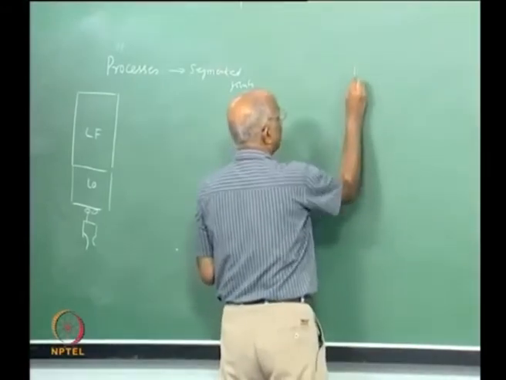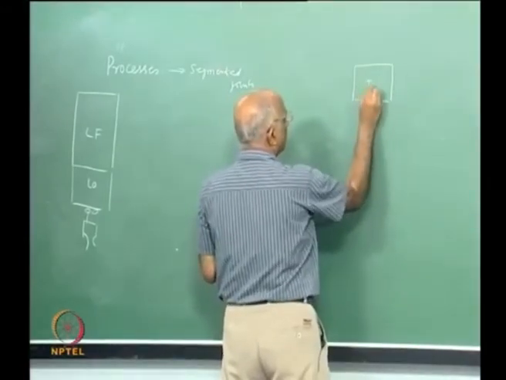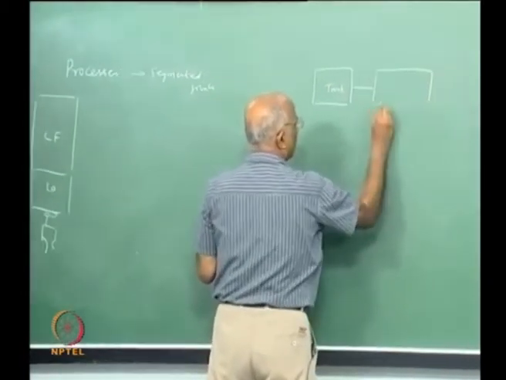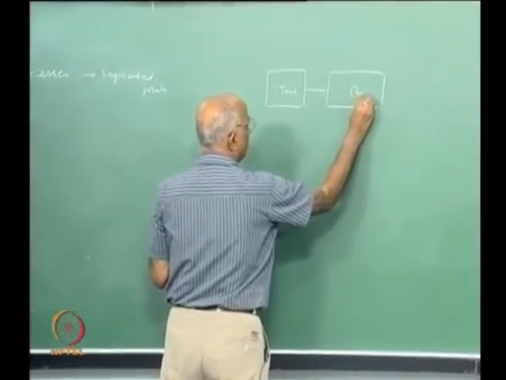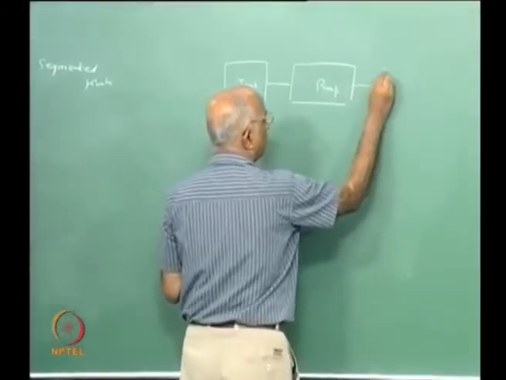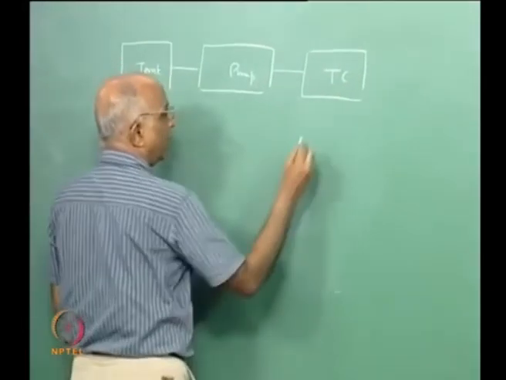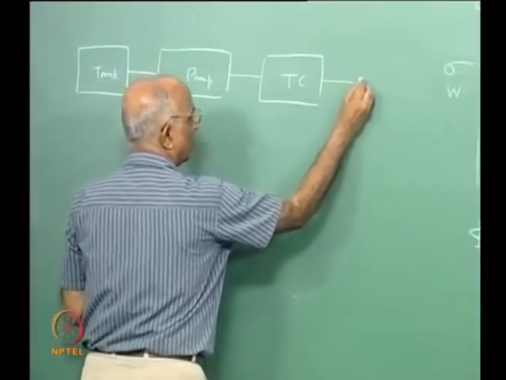I have a tank, the tank supplies fuel and oxidizer to my pump. From the outlet of the pump it gets into my thrust chamber, which is the combustion chamber, and this is what produces my thrust force.